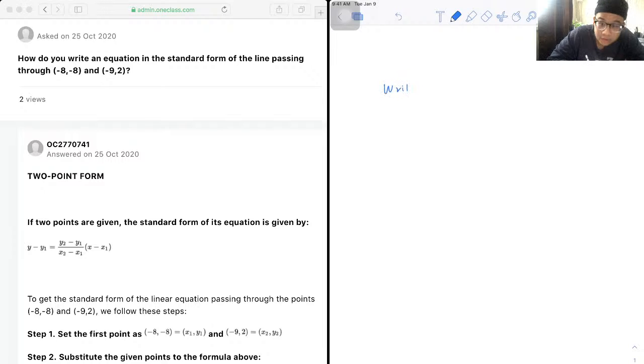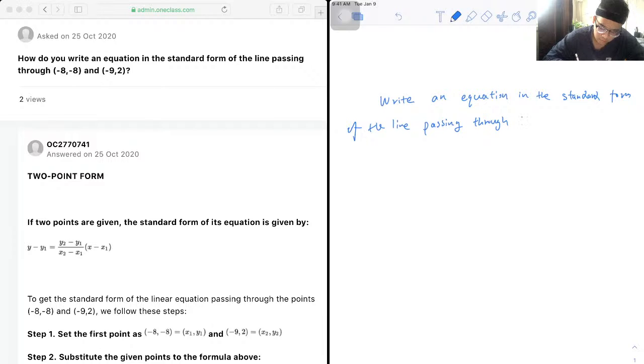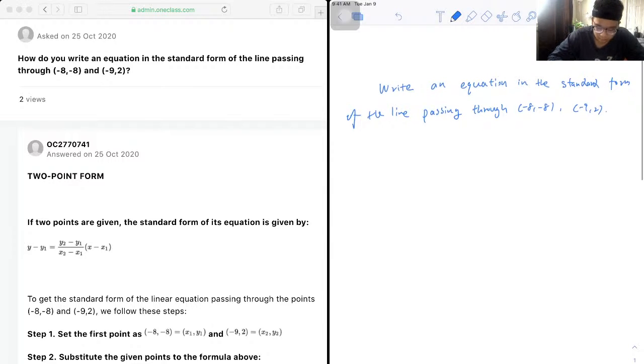We need to write an equation in the standard form of the line passing through -8, -8 and -9, 2. Noted, we are given 2 points.